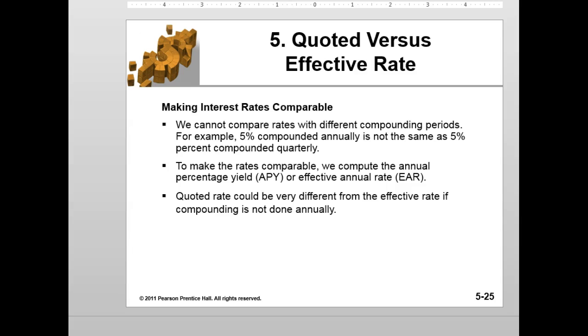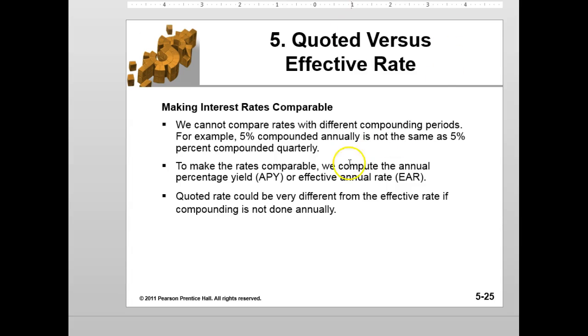So the next thing they come up with, quoted versus effective rate. A lot of times we compound not annually, but we'll compound quarterly, or monthly, or sometimes even daily.